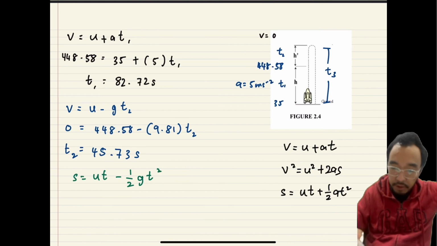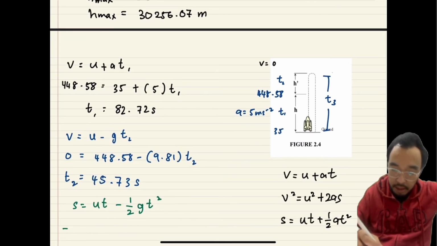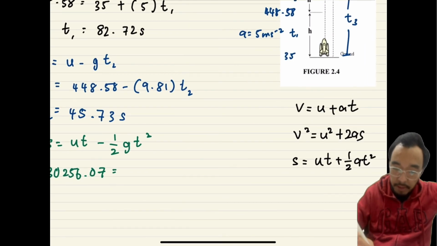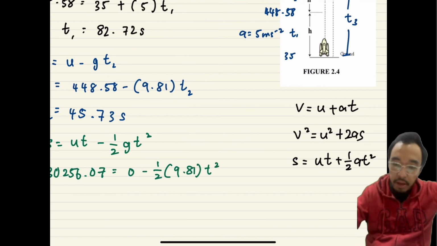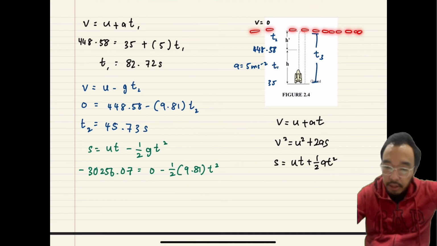This one is the free fall equation, so s would be negative 30,256.07, equals u, which is 0 because it's from the maximum height, minus half 9.81 t squared. The reason I chose this number is that it represents the distance from here up until here. I put negative because I assume that this is my initial position, which explains why my u is equal to 0.